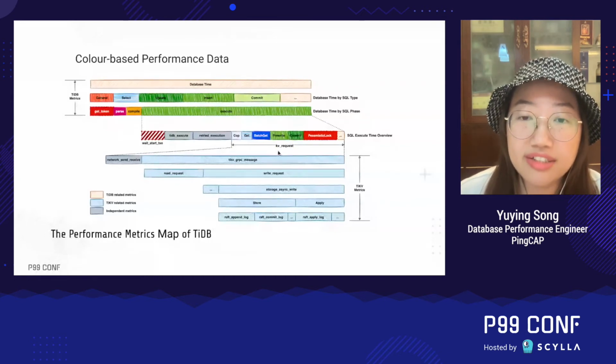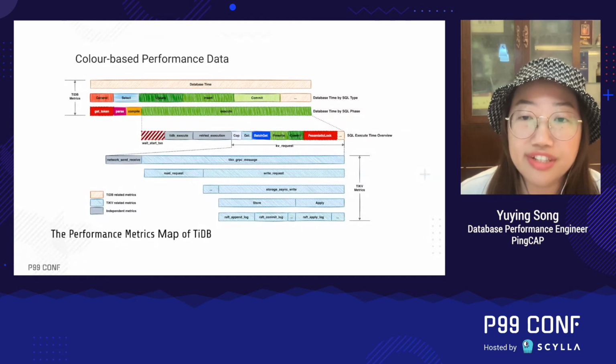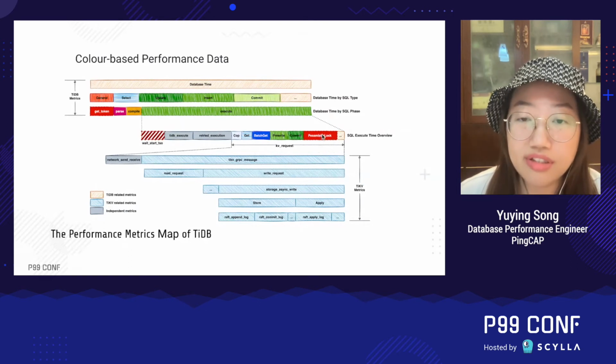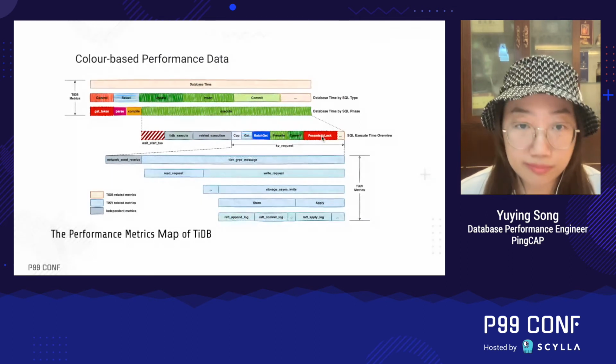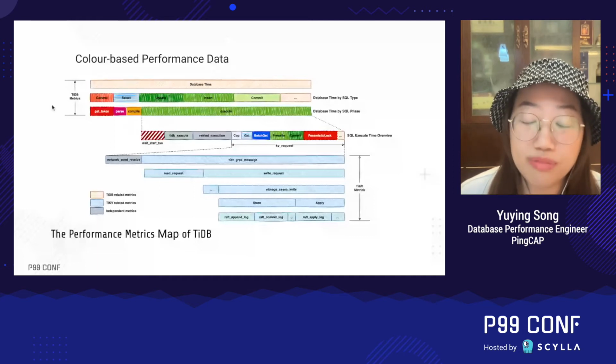So when you see colors other than blue and green taking a significant part of this chart, there's something wrong in your system. For example, when there is very serious lock contention or index contention in the system, the pessimistic lock may take a significant part of this chart, and you will see the chart in dark red. And that's tuning by color.